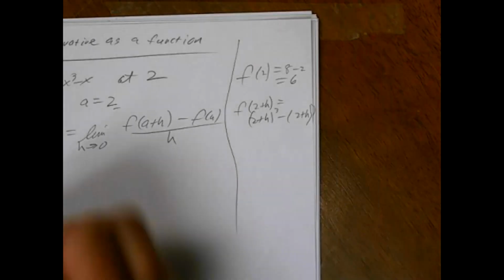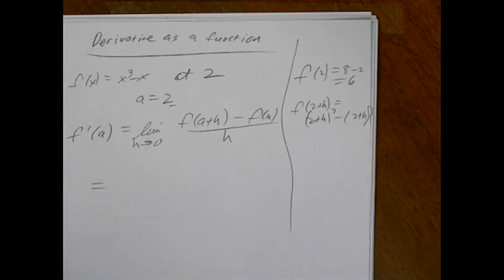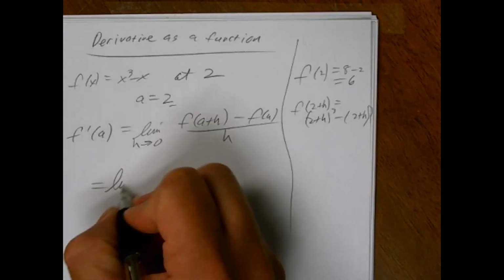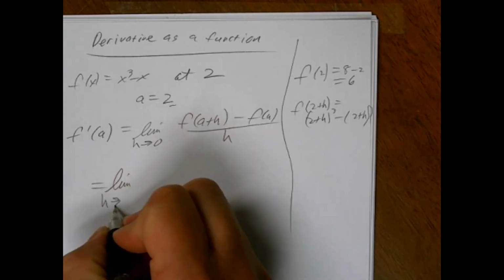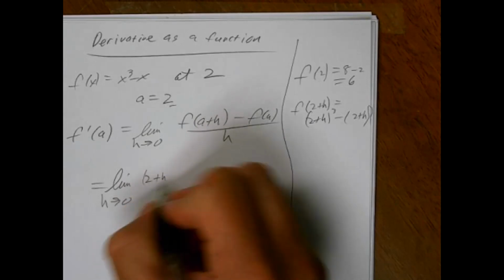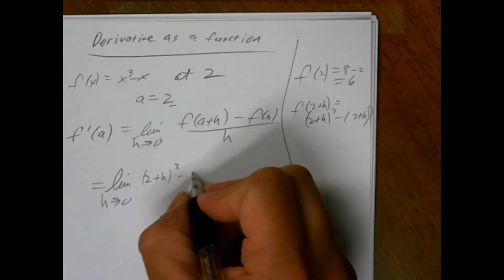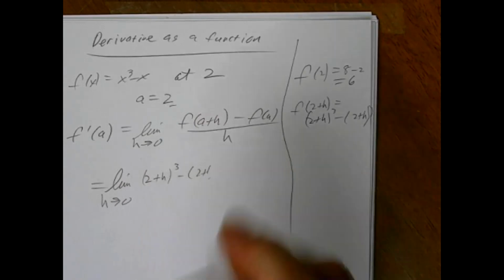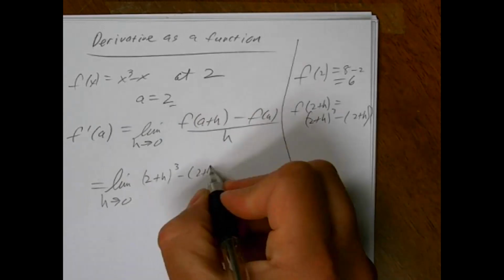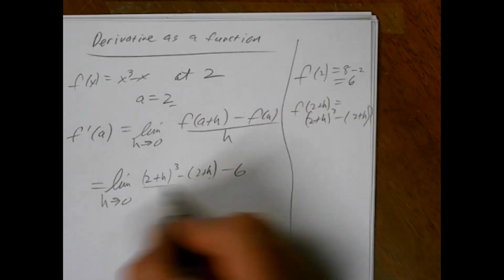All right, and so going ahead and bringing this over into the problem, this is the limit as h approaches 0 of 2 plus h cubed minus the quantity 2 plus h, minus the 6, which was the f of a, all over h.